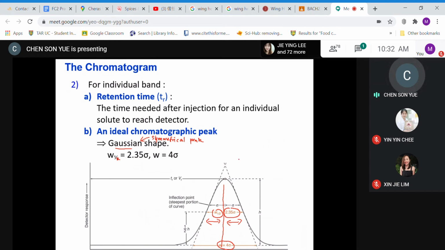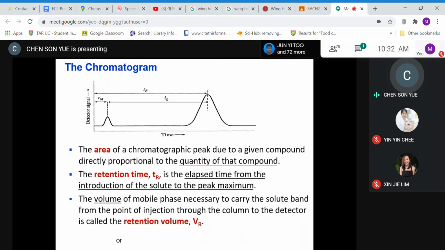Sigma is something like the standard deviation, and you just multiply the value, and you will get the Gaussian peak value using the formula. It means you can get the value, whether good or bad. We can also see with our eyes easily whether they are good or bad, symmetry or not symmetry.